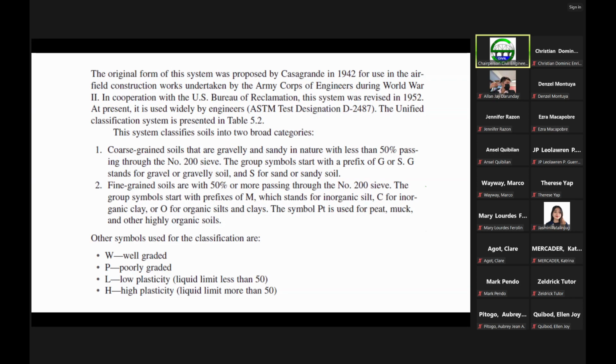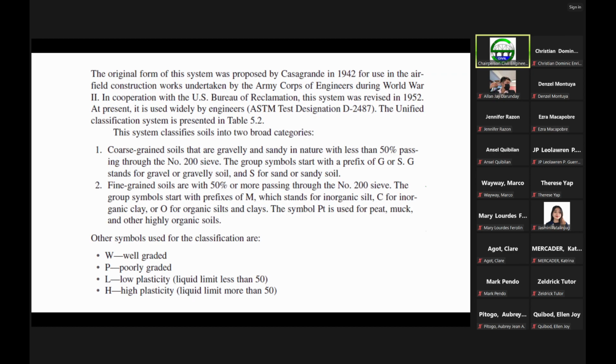Then, in cooperation with the U.S. Bureau of Reclamation, this system was revised in 1952. At present, it is used widely by geotechnical engineers.